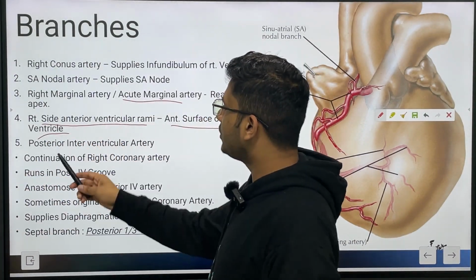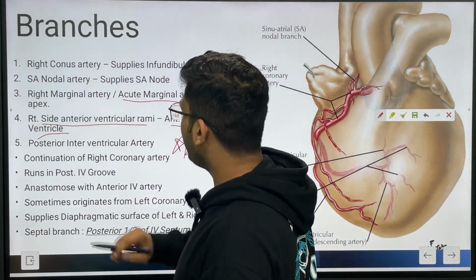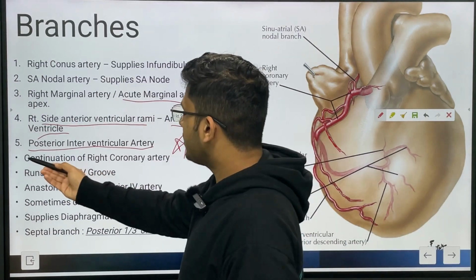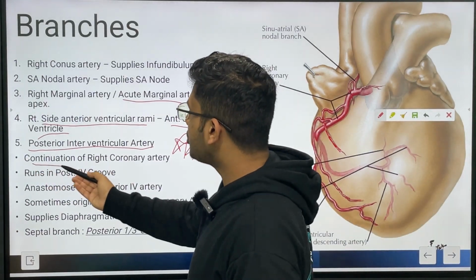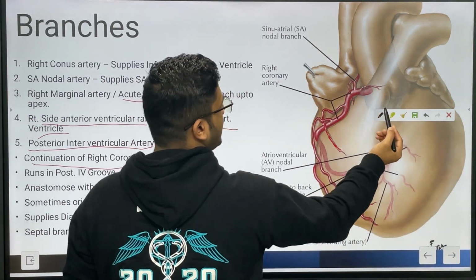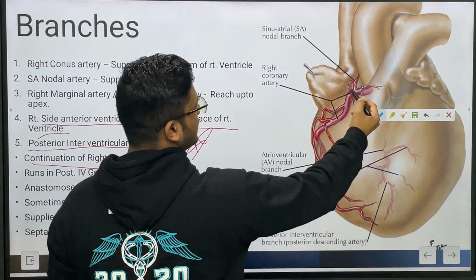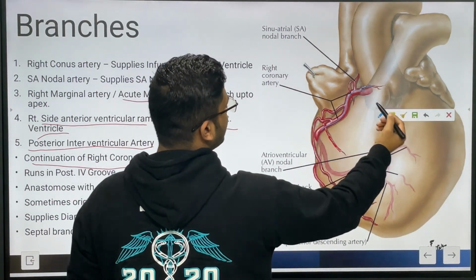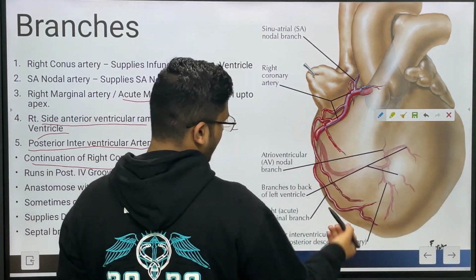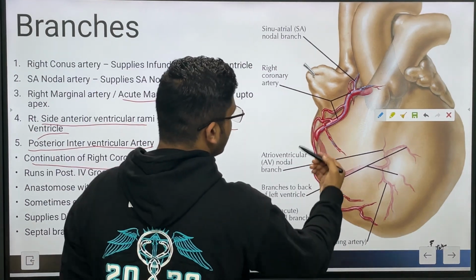The next one is your posterior interventricular artery. The most important artery is the posterior interventricular artery, because it is the major artery that is the continuation of the right coronary artery. You can see the right coronary artery giving some branches. One is for the infundibulum, that is the conus artery. One is the SA nodal artery, here is your acute marginal artery, and here it gives branches for the ventricle.